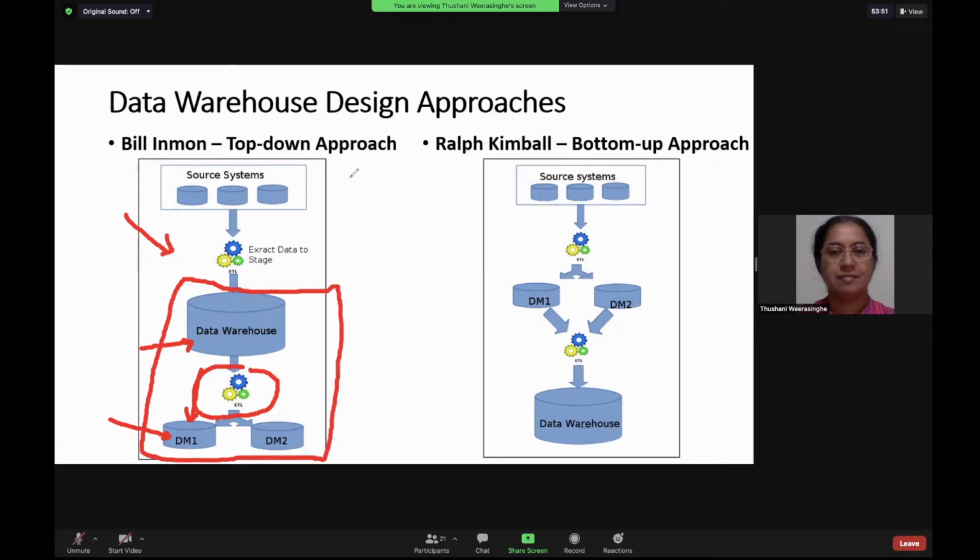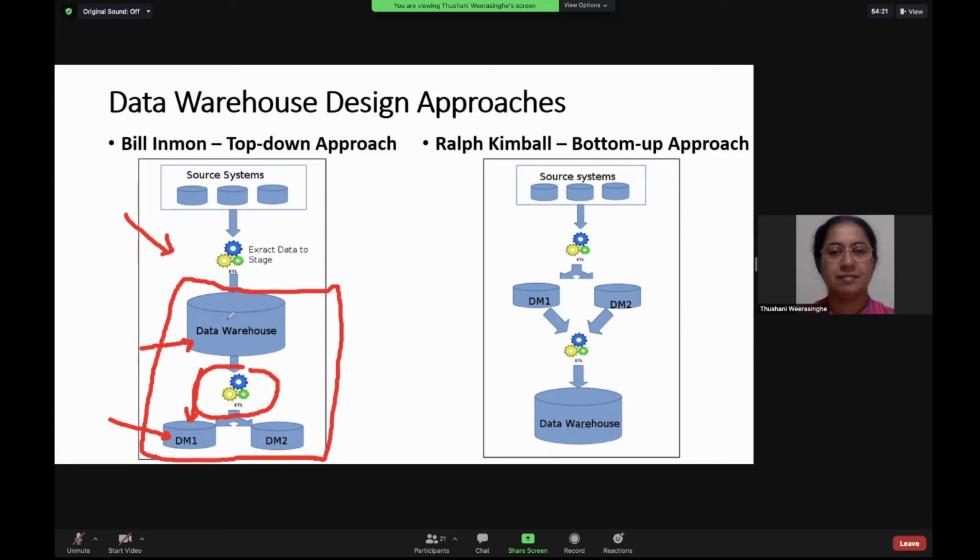Now for data warehouse design, Bill Inmon says that this top-down approach supports people in storing data in the data marts after storing it in the data warehouse. The source systems, that means the transaction processing systems, are collecting the data in their databases and then sending it to the data warehouse.